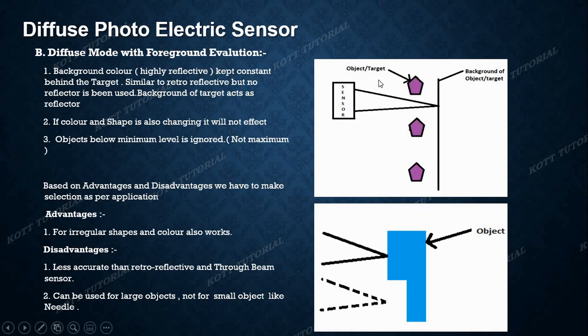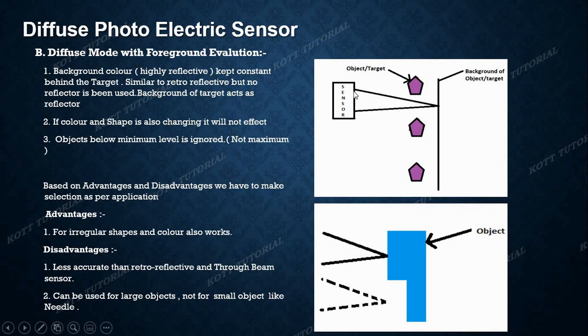When we are using the terms foreground and background, foreground is the product, background is the background of the product. Now foreground suppression means it is independent of the foreground, means it is independent of the product. It detects the light reflected from the background of the product.